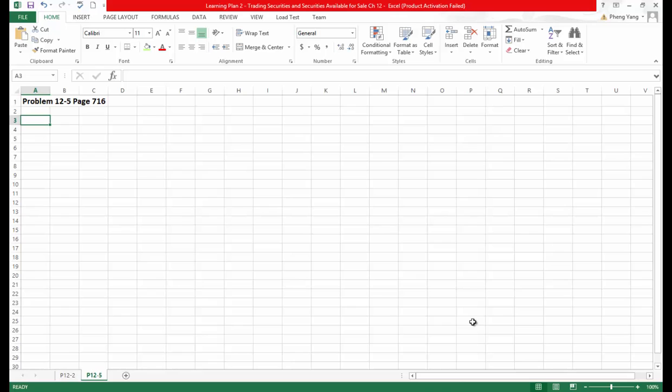Then let me do requirement 1 first. Requirement 1 is to prepare the appropriate journal entry for each transaction or event during 2013. So February 21st.